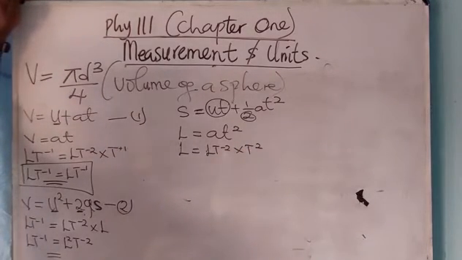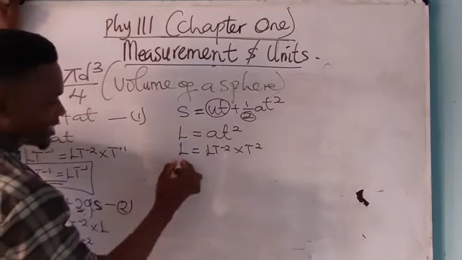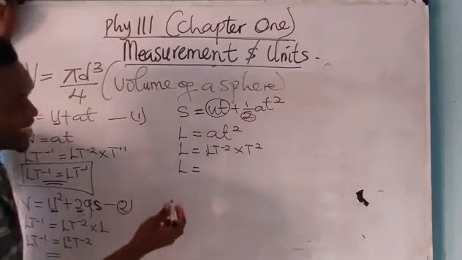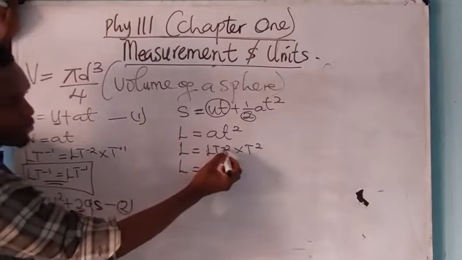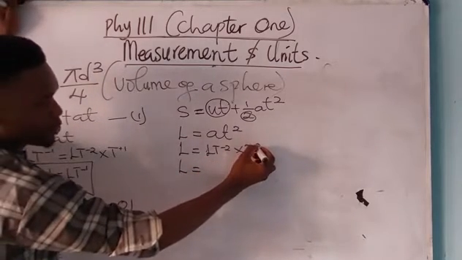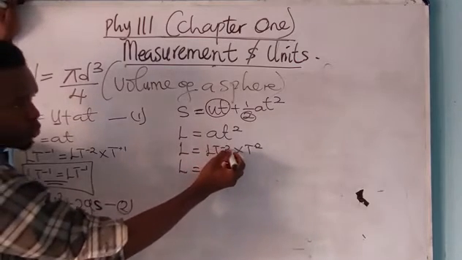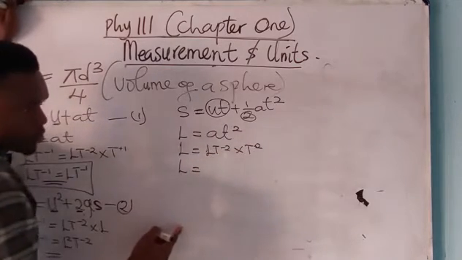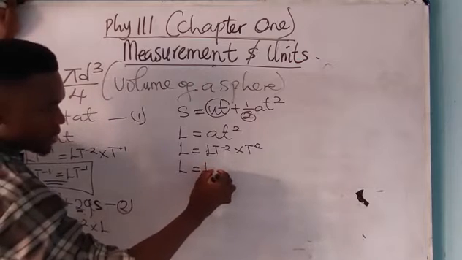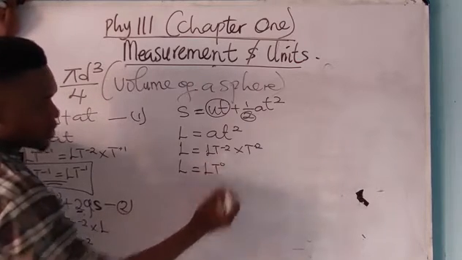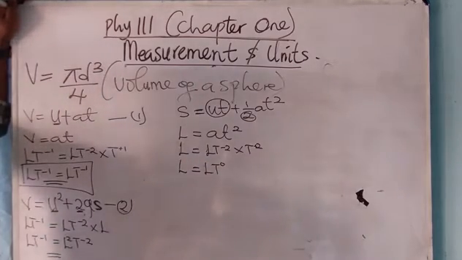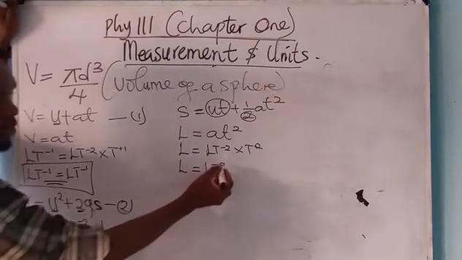Times T squared. Now it means that L equals, you have minus 2, and there's an invisible plus 2 here. Minus 2 plus 2 is 0. It means that you now have LT raised to 0, and according to the law of indices, anything raised to the power of 0 is 1.